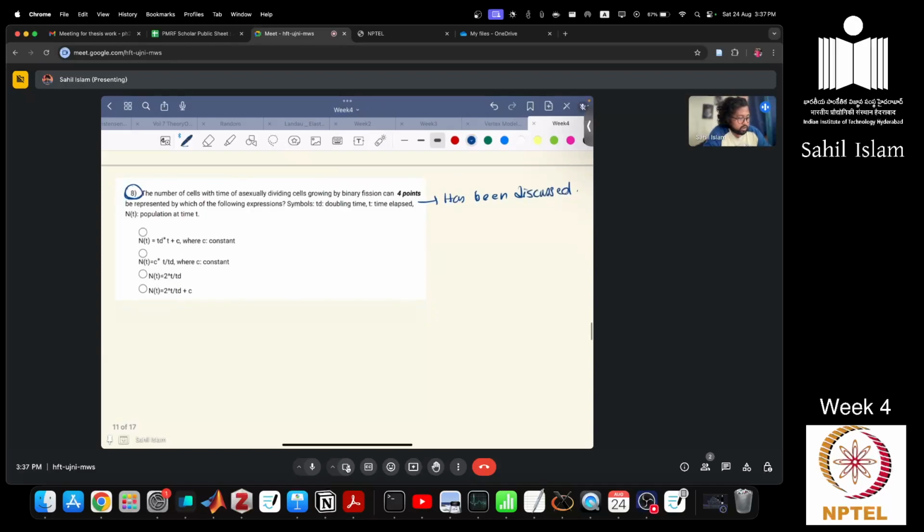What it's actually asking about is asexual dividing cells going by binary fission. Binary fission is, let's say you have one cell or one bacterium, then it becomes two. These again divide into two more. This is called binary fission.